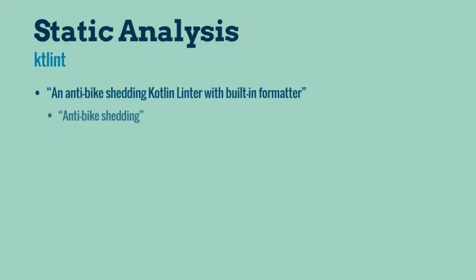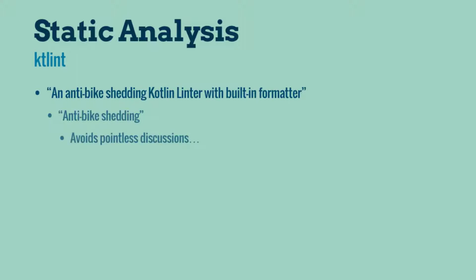And that's the same thing that, as developers, we've seen. Like people will say, oh no, you need to use tabs. Oh no, you need to use 2 spaces, 4 spaces, Hungarian notation, no Hungarian notation. So all those things we want to get rid of as much as possible. There's very clear guidance on the code style for Kotlin that we should be following instead of wasting time on that stuff.